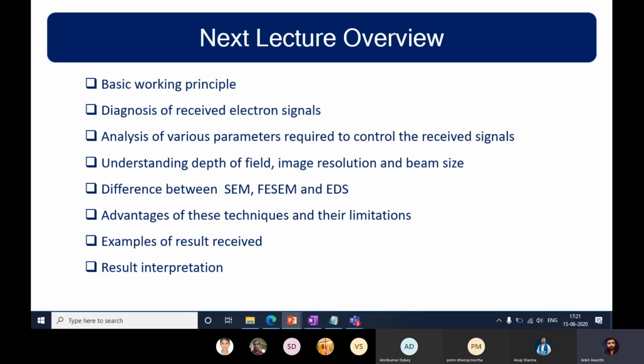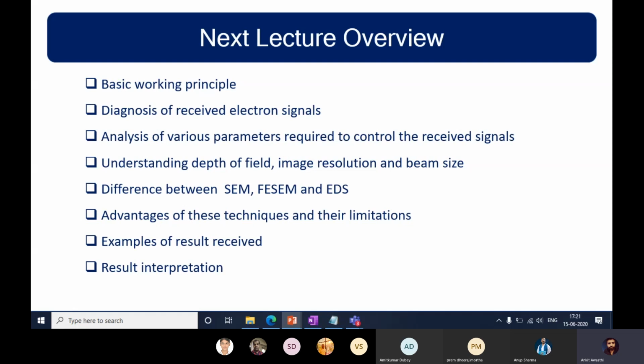We will also create an in-depth understanding of depth of field, image resolution and beam size. After that we will differentiate between SEM, FESEM and EDS analysis, and their different advantages and limitations.